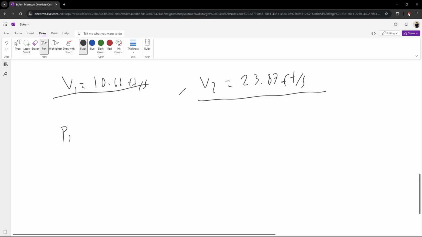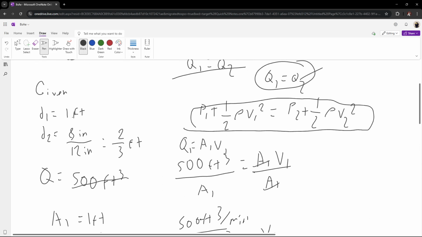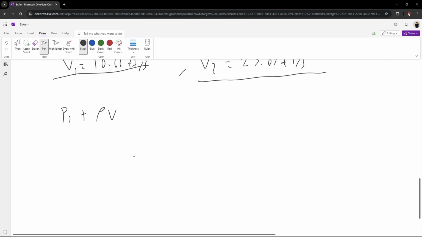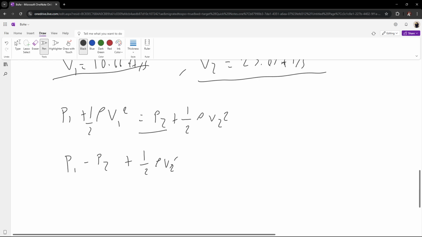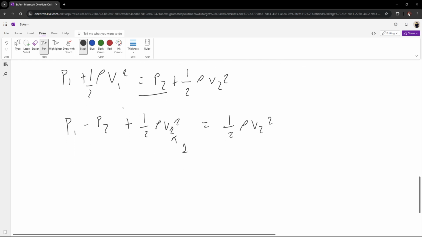We have P1 plus 1/2 rho V1 squared equals P2 plus 1/2 rho V2 squared. Now simply subtract P2 and the V1 term.